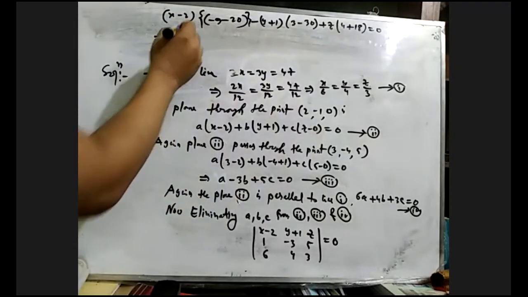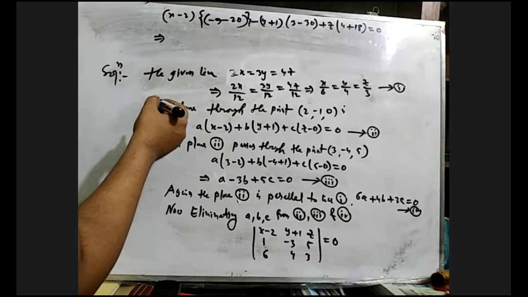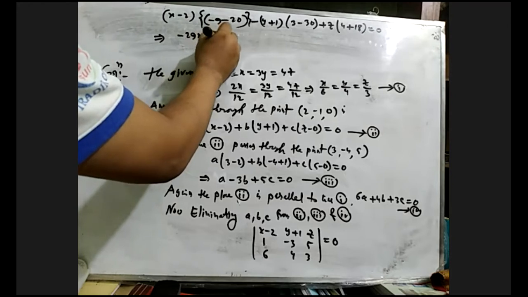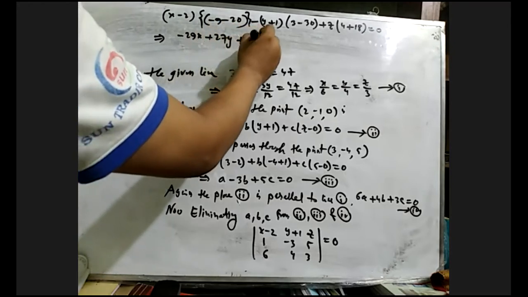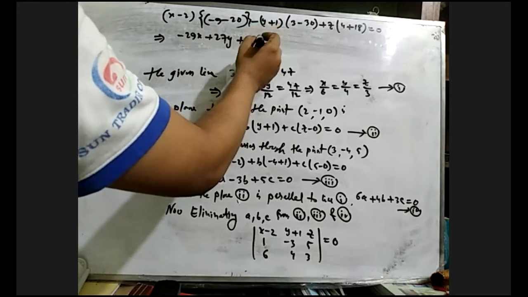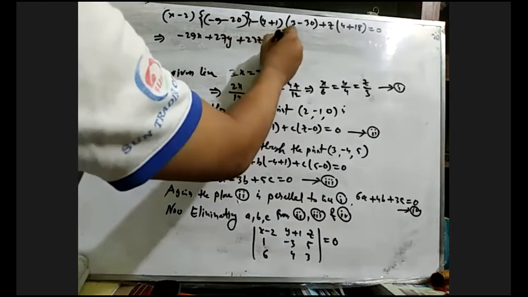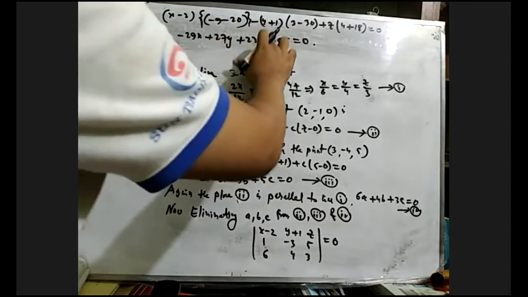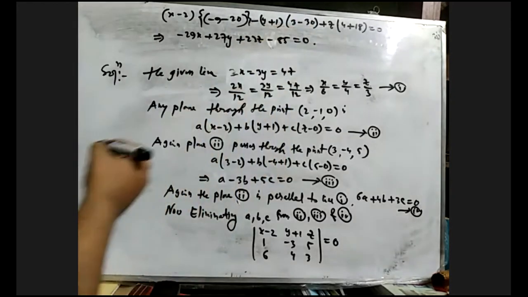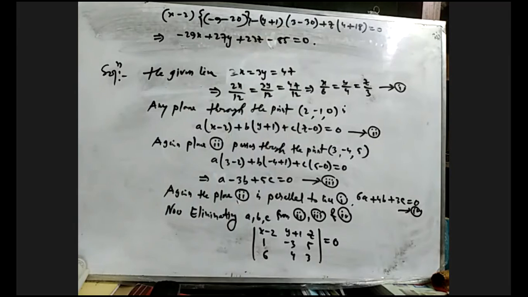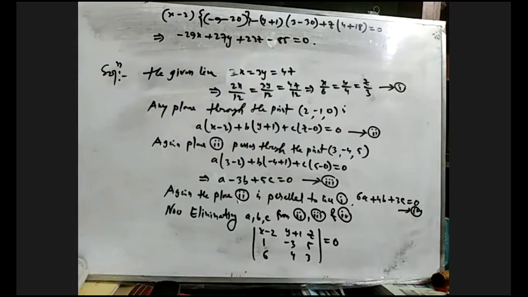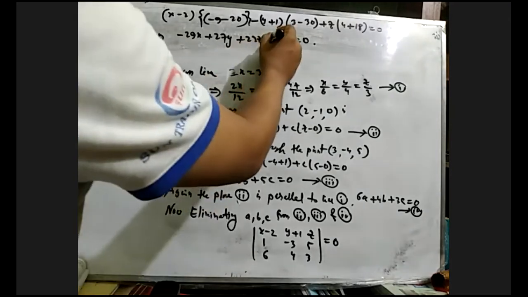So from this, actually, we get -29x + 27y + 22z + 85 = 0.